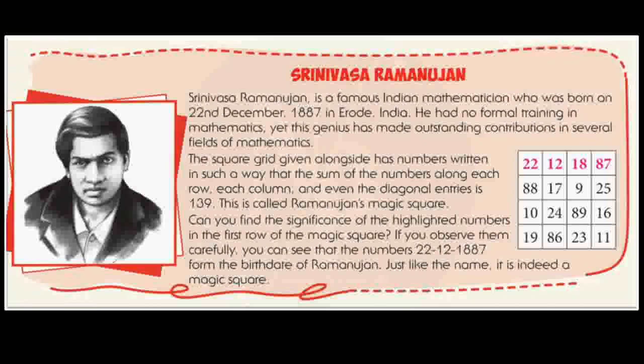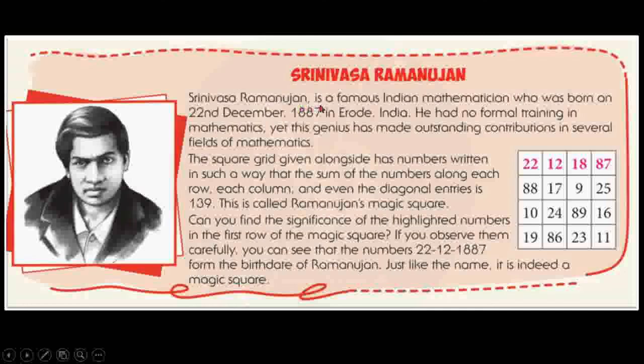Now, before concluding this chapter, let us know some facts about the genius in mathematics, that is Srinivasa Ramanujan. The picture is shown here. Let us read and know some interesting facts about Srinivasa Ramanujan.